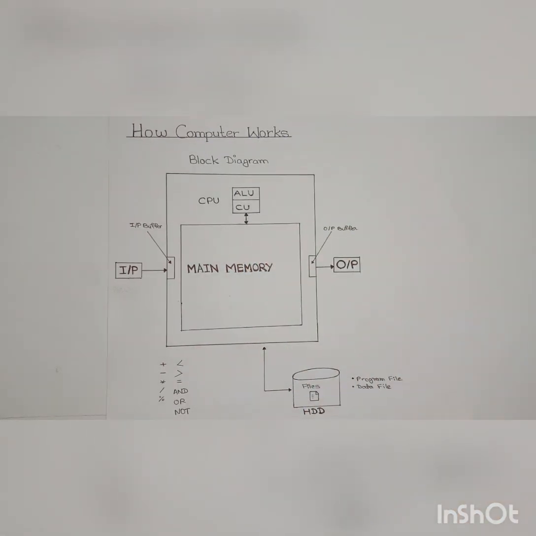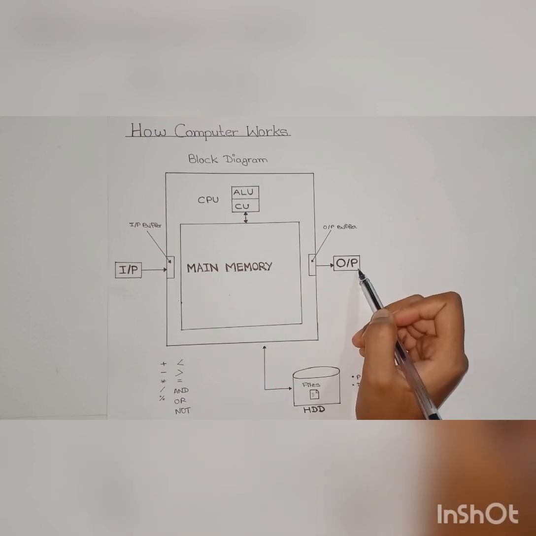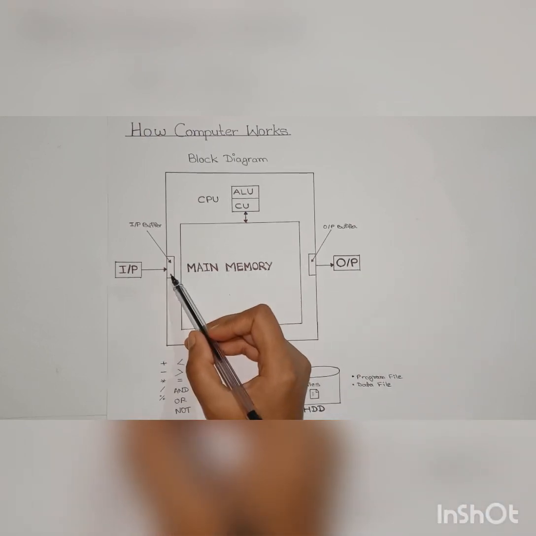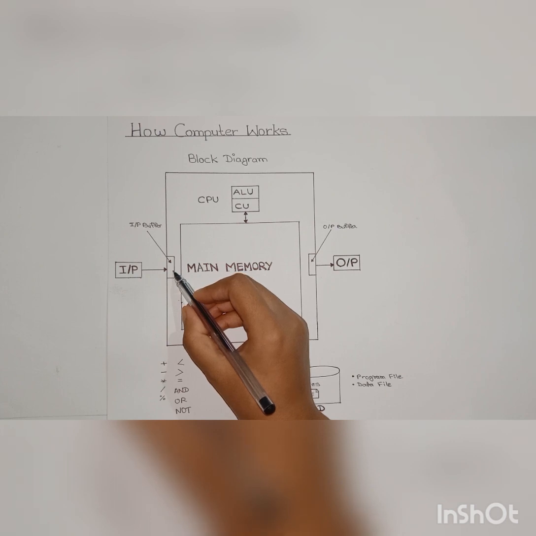If a program needs some data from the keyboard or it has to display something on the monitor, then it uses input and output devices. Input and output devices have their own memory, which are called the input buffer and output buffer. So if a program has to read something from the keyboard, it will go to the input buffer and get the data from there.